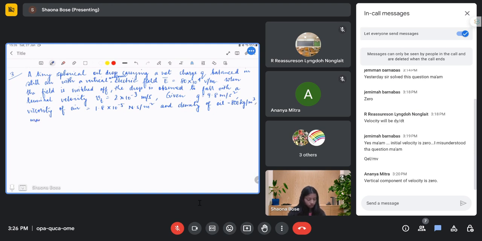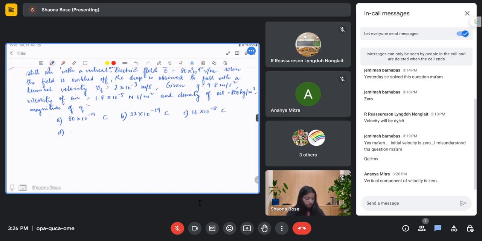So the magnitude of Q is approximately: A, 80 into 10 raised to the power minus 19 coulomb; B, 32 into 10 raised to the power minus 19 coulomb; C, 16 into 10 raised to the power minus 18 coulomb; or D, 3.8 into 10 raised to the power minus 19 coulomb.